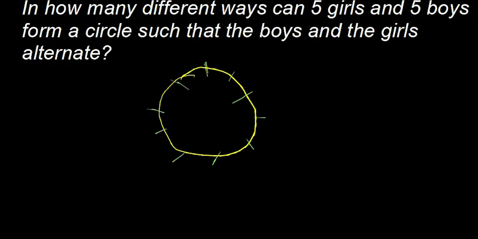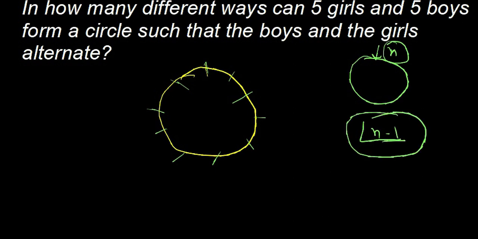Now whenever there is a circular arrangement, and let's say you want to make sure that n people are sitting there, in how many ways can they sit? In factorial n minus 1 ways. Why is it n minus 1? Because you need to fix a person.